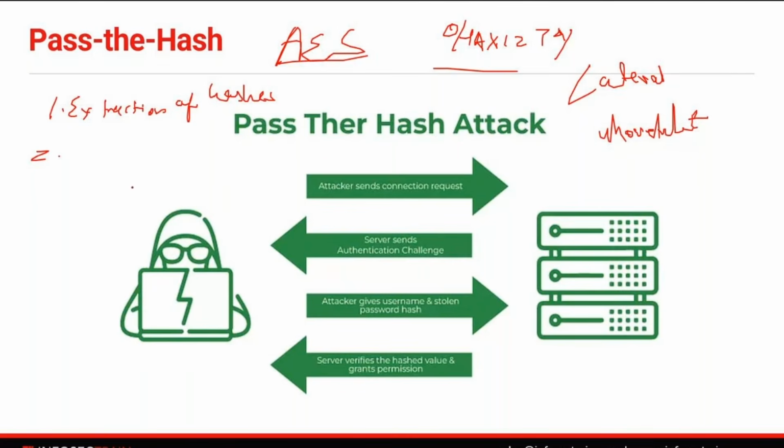Now, for the tools used for pass the hash, you can use the Metasploit framework, right? Then there is a framework called the Empire framework, which you can also use. Then there is a tool library called Impacket.